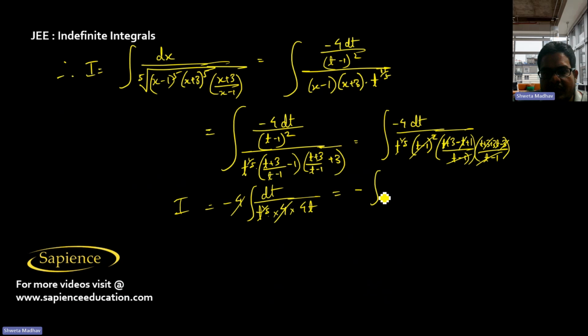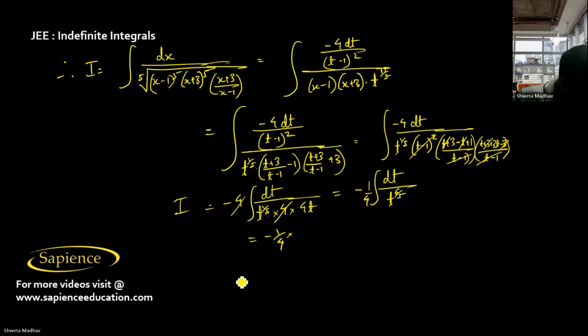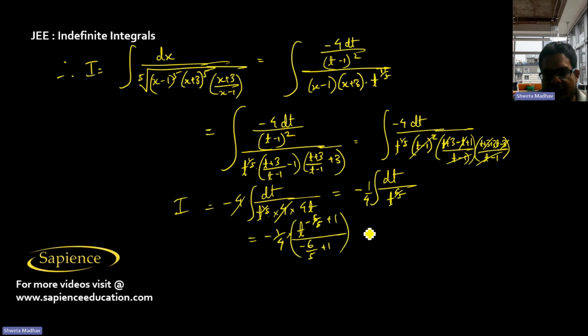So this is minus 1 by 4 integral dt by t power (1 by 5 plus 1), that is 6 by 5. So this you can write as minus 1 by 4 into t power minus 6 by 5 plus 1 by (minus 6 by 5 plus 1) plus c.